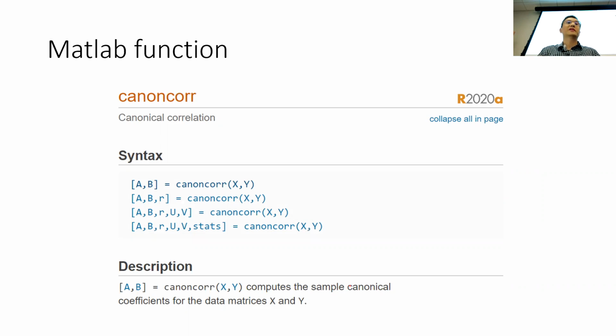That's a MATLAB function. This will just get two input matrices. It will return A and B. Okay. A and B will help you to rotate your X and Y. Okay, they have an output. And R if you need a correlation. So R will be the correlation after you finish this, how good you can get.